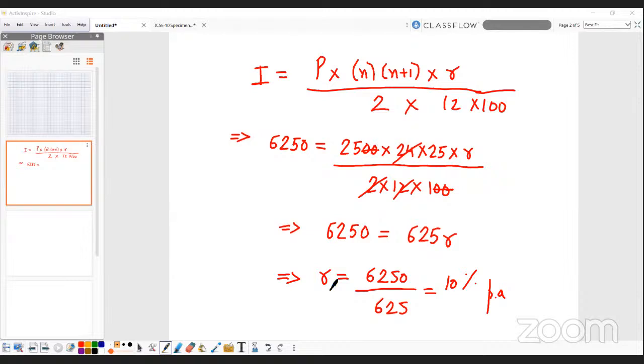Generally, if you get some weird kind of answer like in decimal, you have to check it once. Generally in exams, if a weird answer comes in decimal, it's better you check it once whether you have done all the steps correctly or not. So this was all the story about this question.